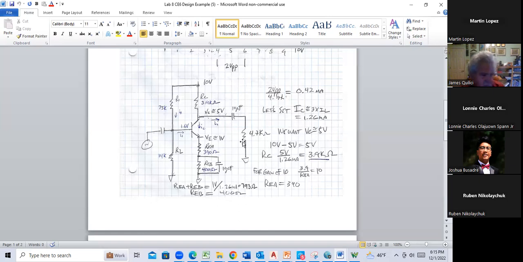That says that effectively I've got a parallel combination of my load and my collector resistor of 1.4K. And so for a gain of 10, I want REA to be 140. Right now I've got 240 in there, so let me find something close to 140.